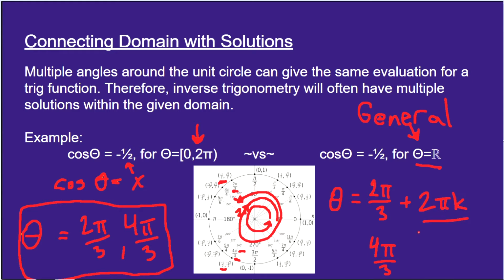The reason why we put 2 pi k is because 2 pi represents one full loop around the unit circle, whereas k represents how many of those loops I have done. And so that'll be my solution: 2 pi over 3 plus 2 pi k, comma 4 pi over 3 plus 2 pi k. And once again, y'all, we're essentially just accounting for coterminal angles.